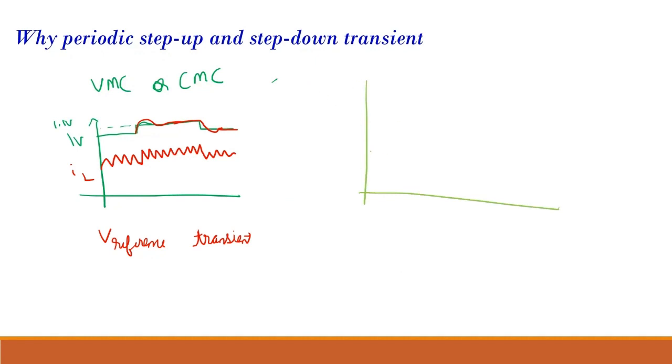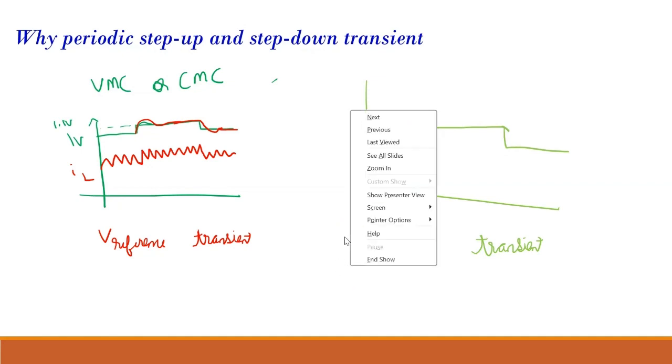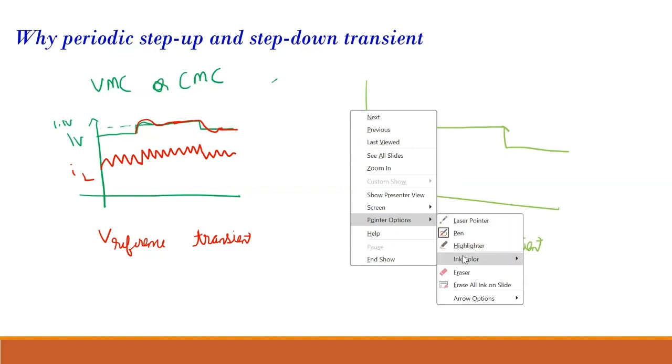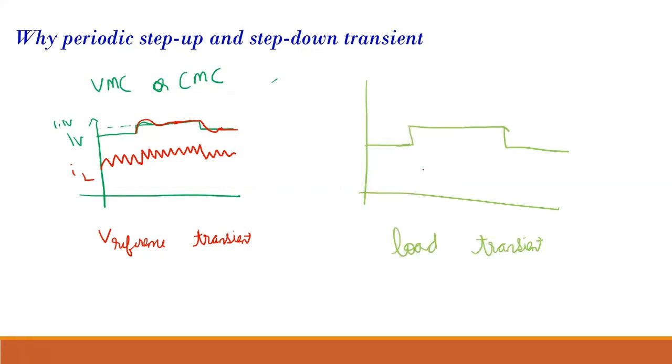Now I want to give a load transient. The average value of the current I want to be this much, then I increase it, and then further I reduce it. So my inductor current would be like this form.